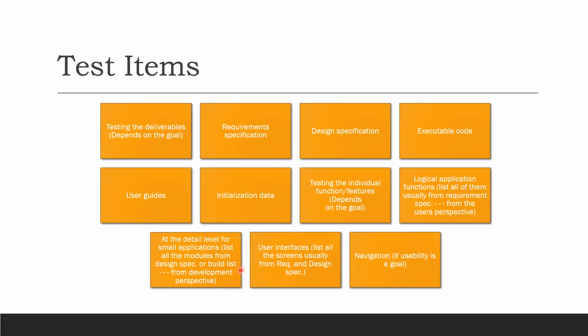Detail level, small applications. The detail level really depends. That's probably for very small enhancements. So don't put too much focus on a very detailed level when it comes to testing items, unless it's a high priority release. And it needs to be noted because it's always good for the stakeholders to have that visual.